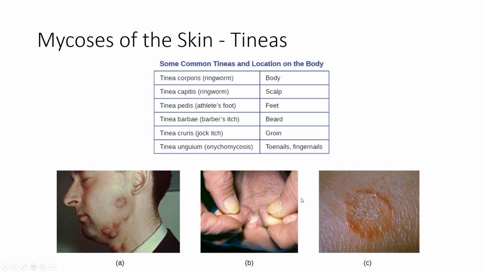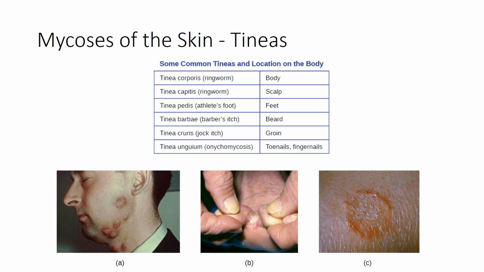All right. So not just bacterial and viral infections, we need to look at fungal infections of the skin. A very common fungal infection is in the genus Tinea. Tinea is a fungus that causes infections all over the body. The type of tinea is going to determine which area of the infection is going to be found.